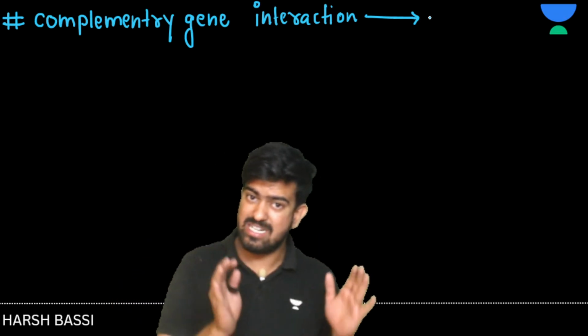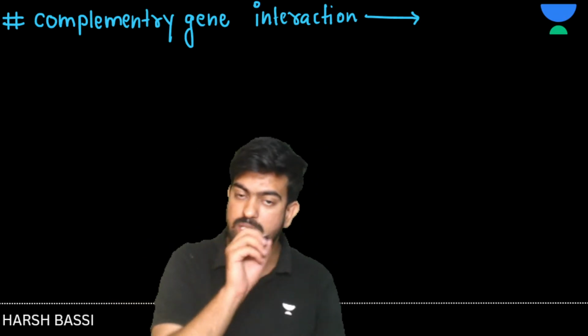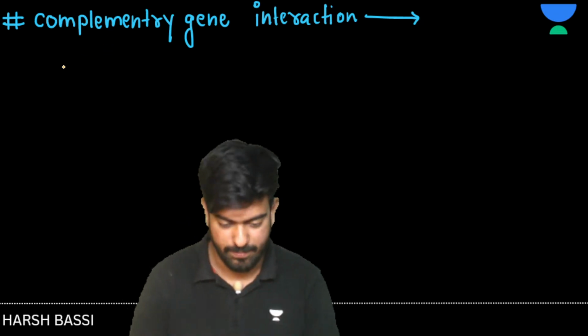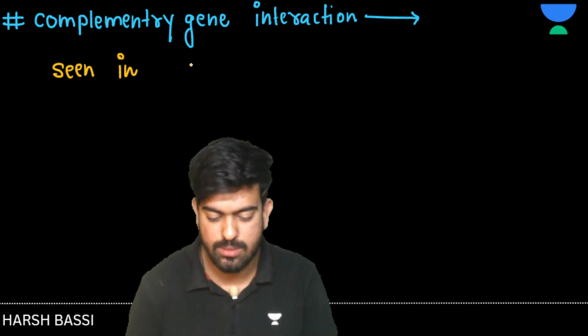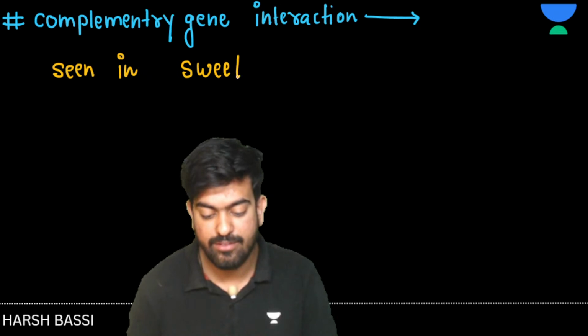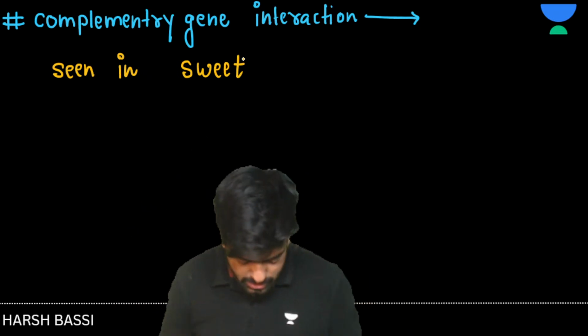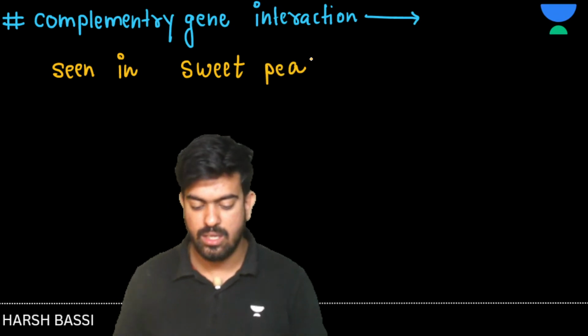So we will understand this again with a very simple example. See, this complementary gene interaction is being seen in sweet pea. Don't confuse this sweet pea with garden pea. Garden pea is different and this sweet pea is different. This is seen in sweet pea.